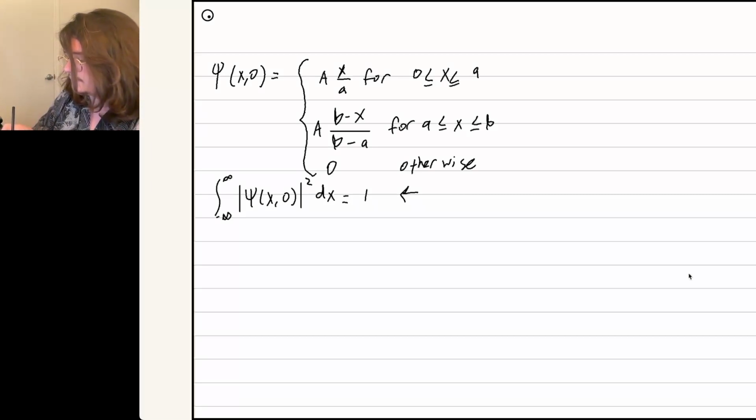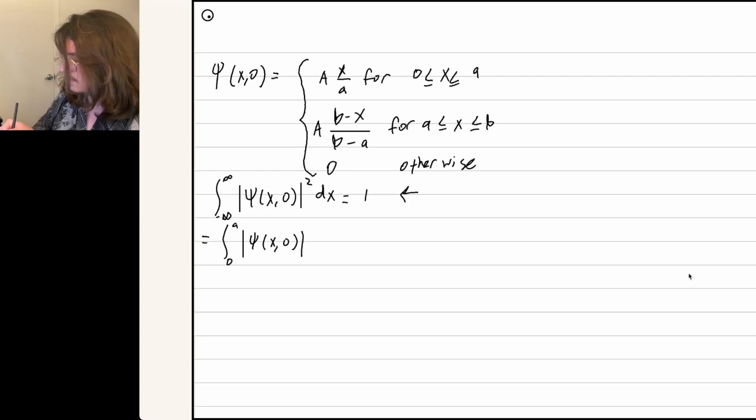What that means in our situation is we're going to integrate the square modulus of the wave function from 0 to a, and then another region from a to b, because it is discontinuous.